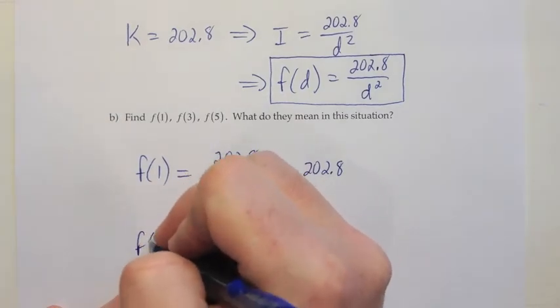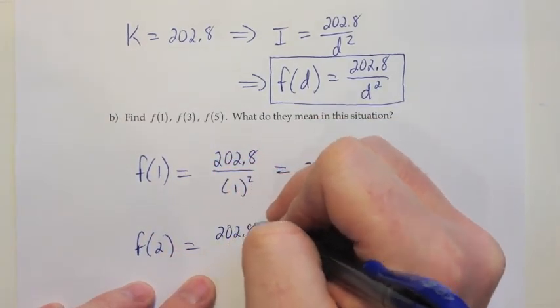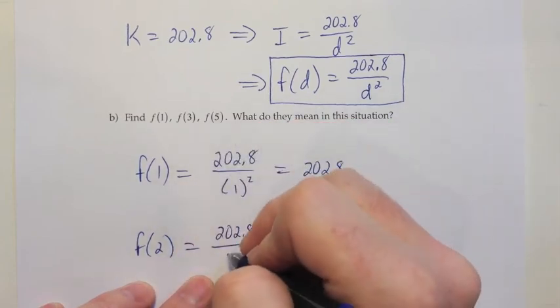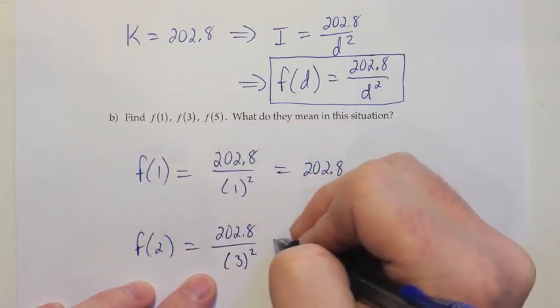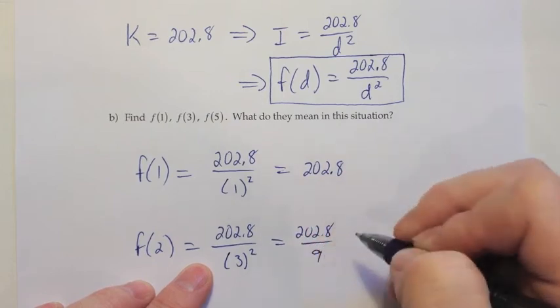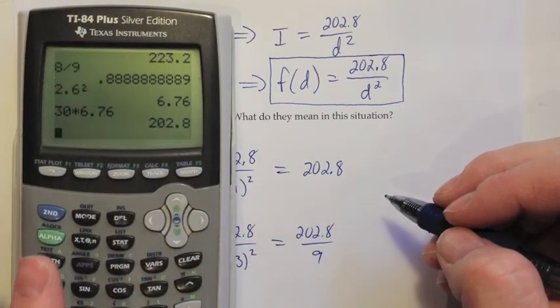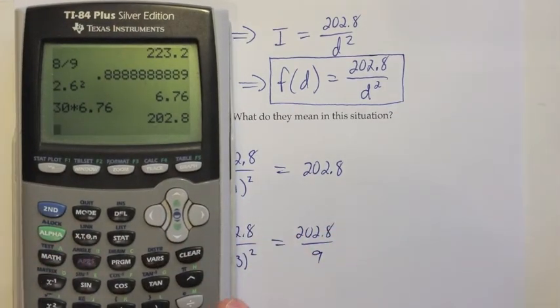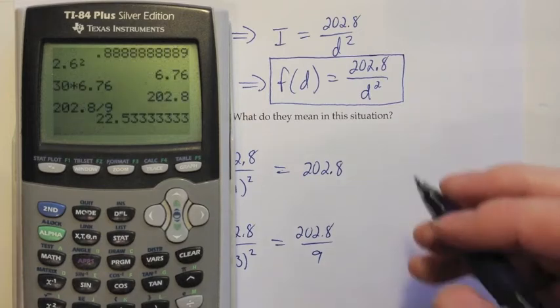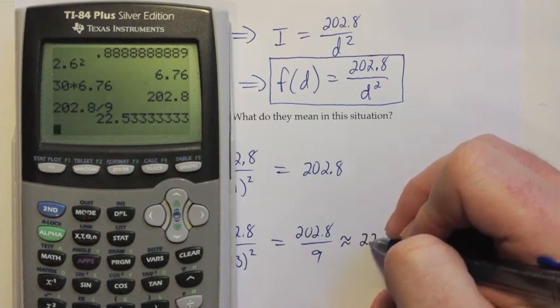And then f of 2 would be 202.8 over, and then we put the 3 squared, so that'd be 202.8 over 9. Whenever I have a decimal already, I assume it's okay to go to my calculator and give a decimal answer, so 202.8 divided by 9 is approximately 22.53.